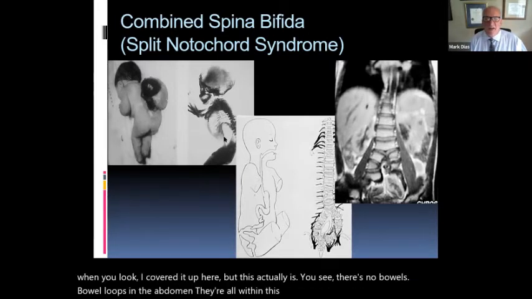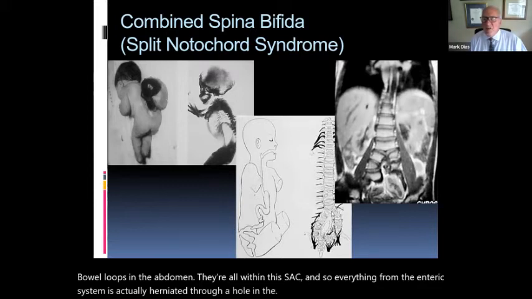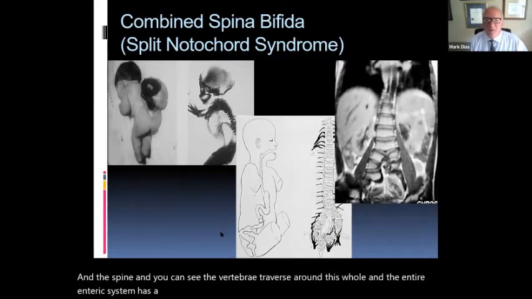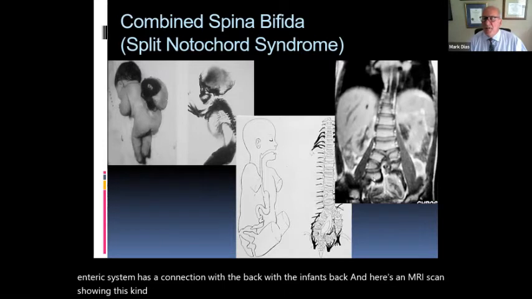And so everything from the enteric system is actually herniated through a hole in the spine, and you can see the vertebrae traverse around this hole, and the entire enteric system has a connection with the infant's back. And here's an MRI scan showing this kind of semi-duplication of the vertebrae with this tract between it.